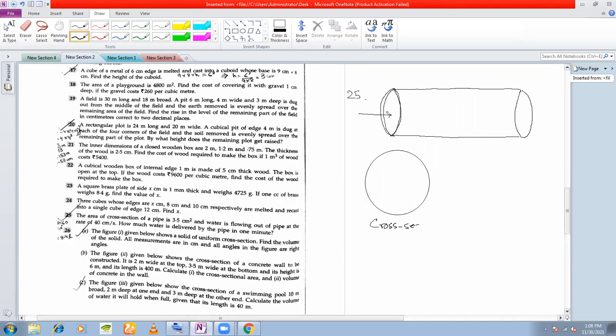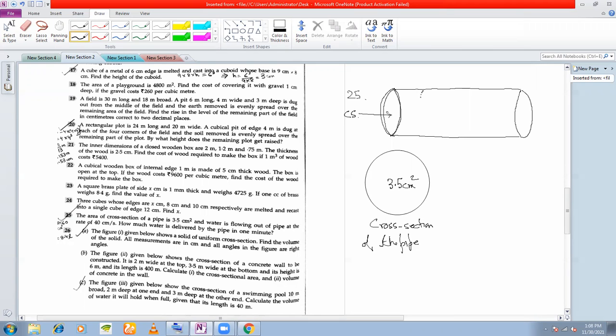Cross section of the pipe, right? This is the cross section. Now what happens? The area of this cross section is given to you. This area is given to be 3.5 centimeters square. And water is flowing out of the pipe at the rate of 40 centimeter per second.